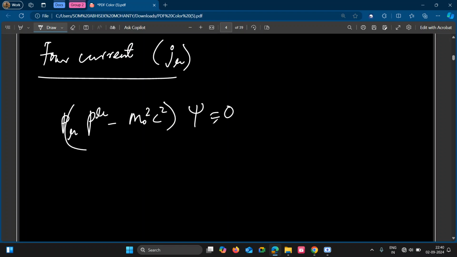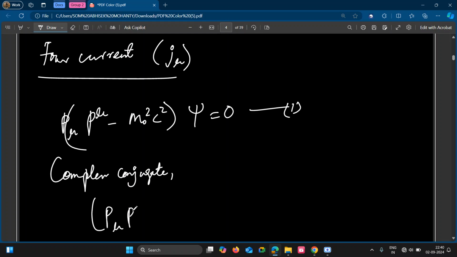If I take the complex conjugate of this equation, it will be p mu p mu minus m naught square c square psi star equal to 0. So this is a proportion of equation 2.